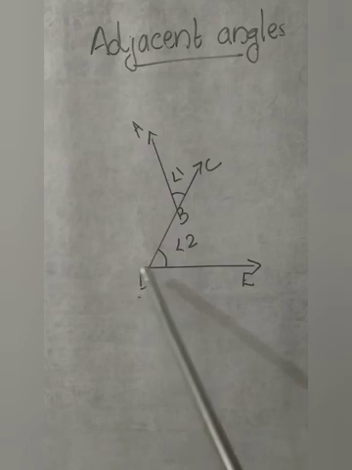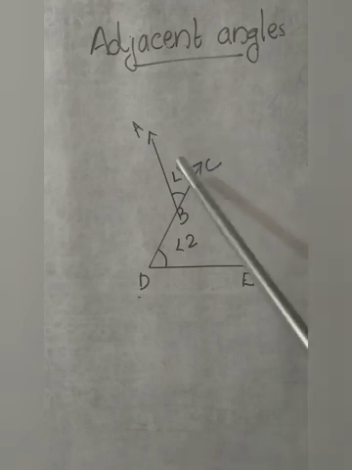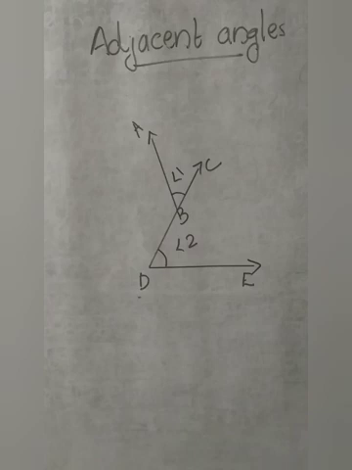CD is an arm, DE is an arm. Whether we have a common arm? No. Next, whether they have a common vertex? Here the vertex is B and here the vertex is D. So they don't have a common vertex and a common arm. So we can say these two angles are not adjacent angles.